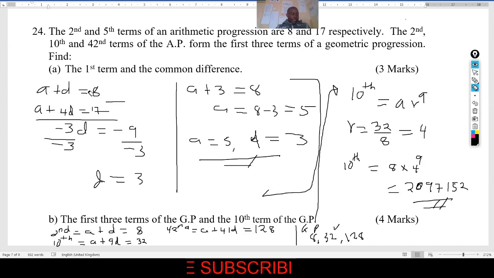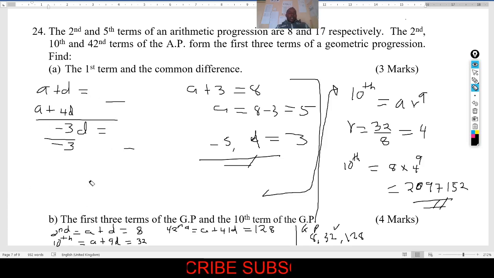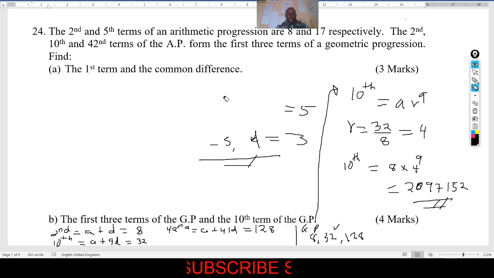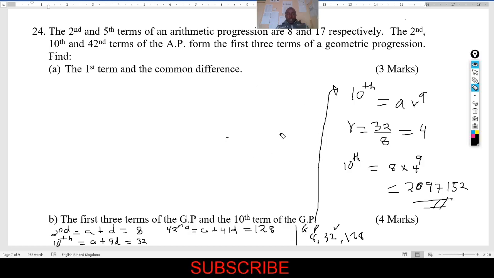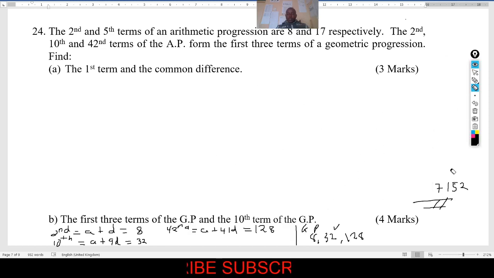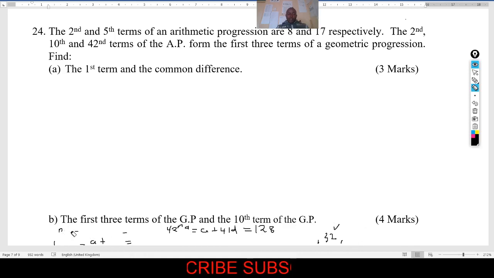Sum of the first 10 terms of the GP. We are asking about the sum of the first 10 terms of the GP. Now to get the sum, there are two formulas: when the modulus of R is greater than 1 and when the modulus is less than 1.